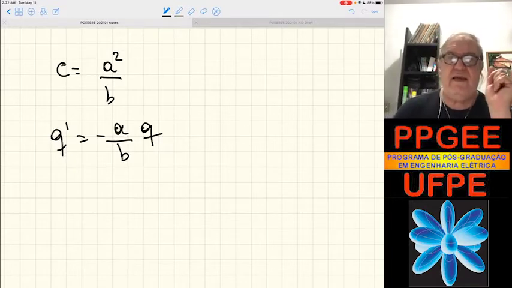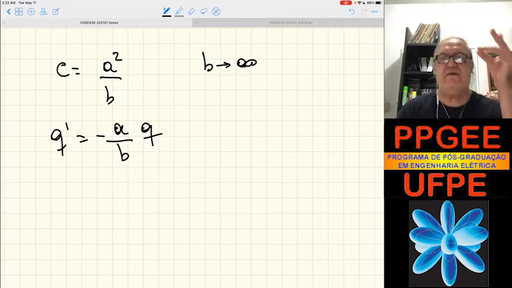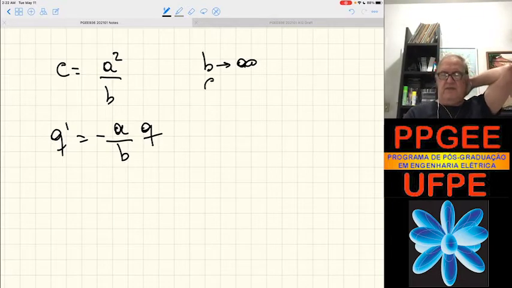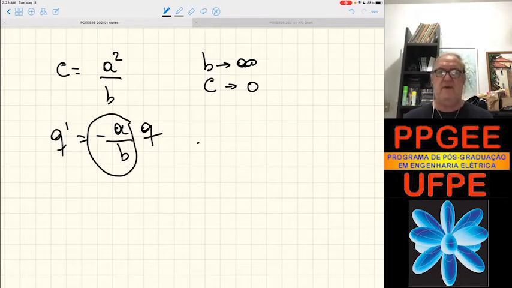So if you look at this, as B grows to infinity, I mean, if the original charge is far away, right? So the image charge goes to the center of the sphere, right? And also the magnitude is going to 0, right? Because B goes to infinity.